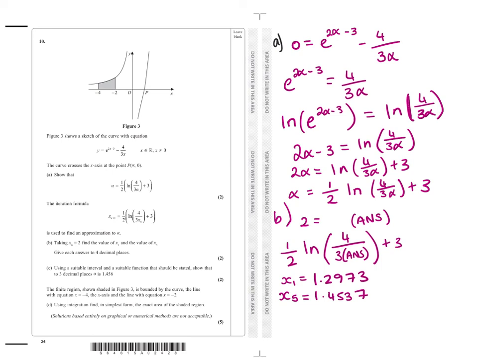So I'm going to substitute in f of 1.455 and that's going to give me minus 0.0012199 to 3 decimal places, and then I'm going to substitute in f of my upper bound, which is 1.4565, and when I put that into my calculator, I'm going to get 0.0012405.